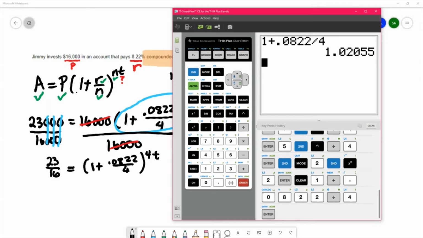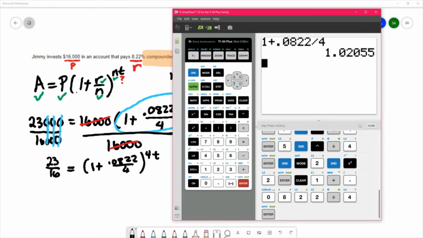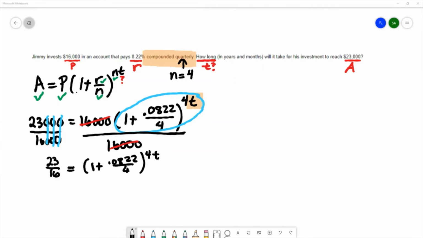So we will write out all of those decimal places. So that's 1.02055. We have 23 over 16 equals 1.02055 to the 4t power.